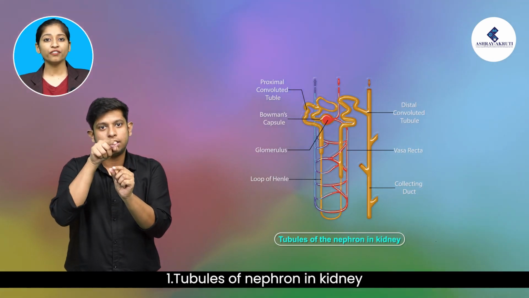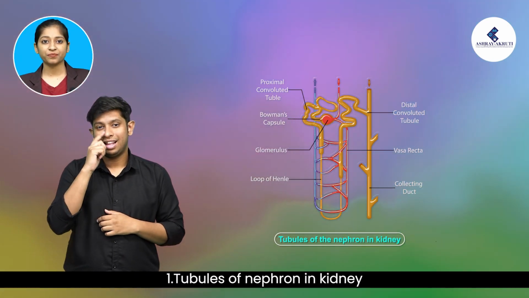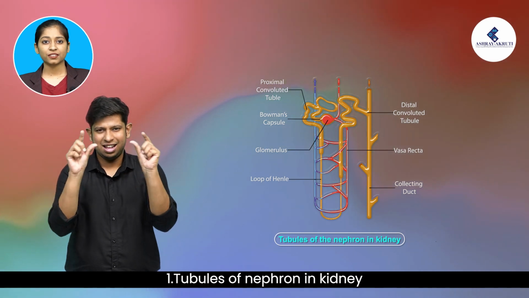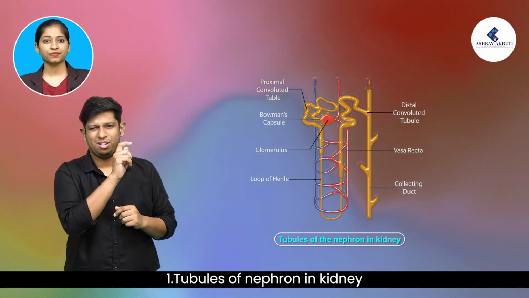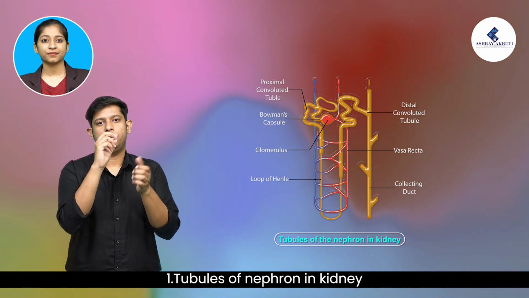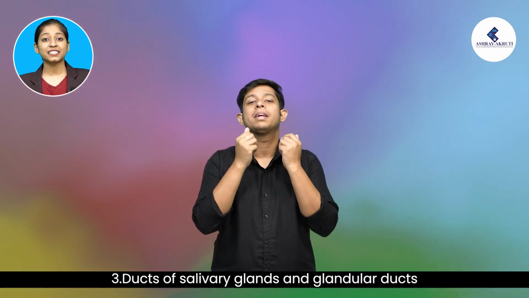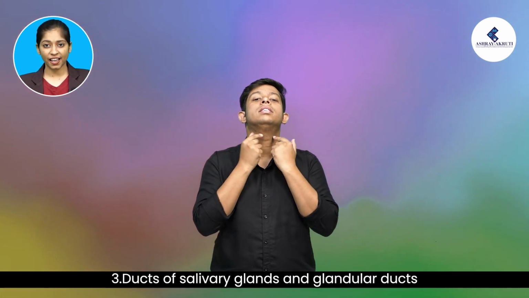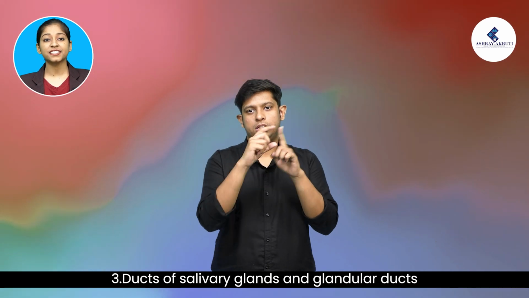Location: tubules of nephron in kidney. In gonads. Ducts of salivary glands and glandular ducts.